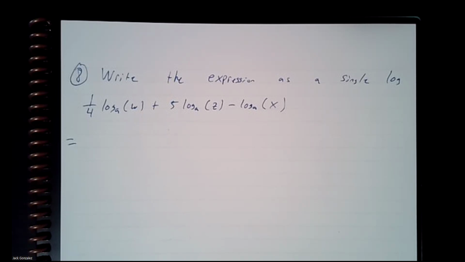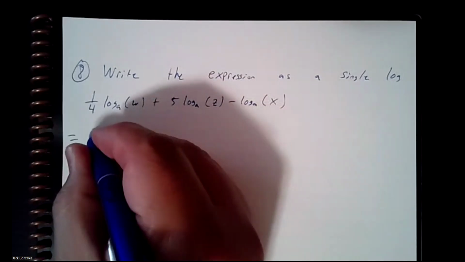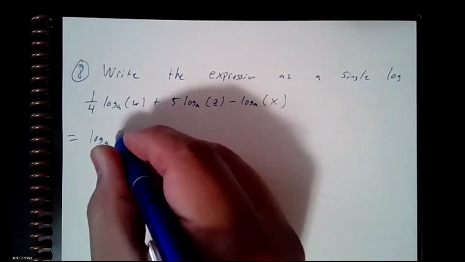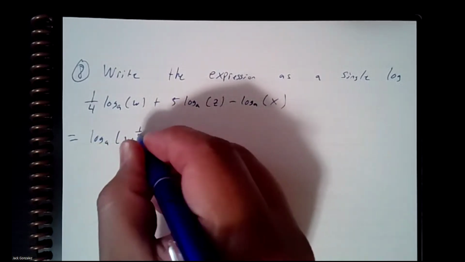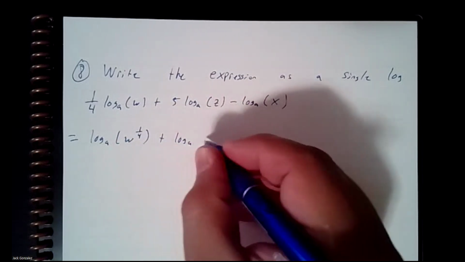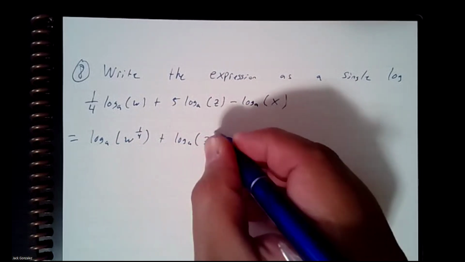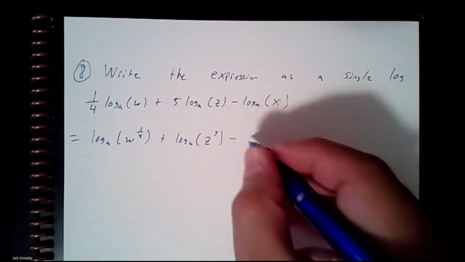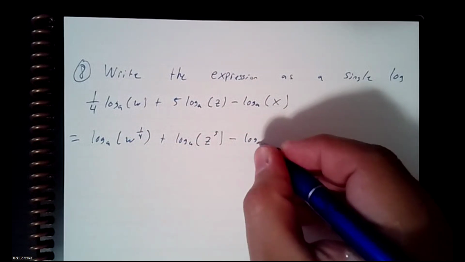Yeah, so you always deal with the exponents first when you are combining. When you're expanding, do the exponents last. So no more coefficients.